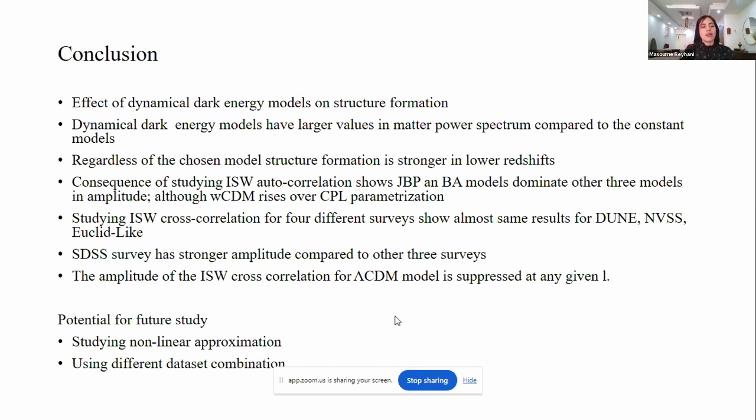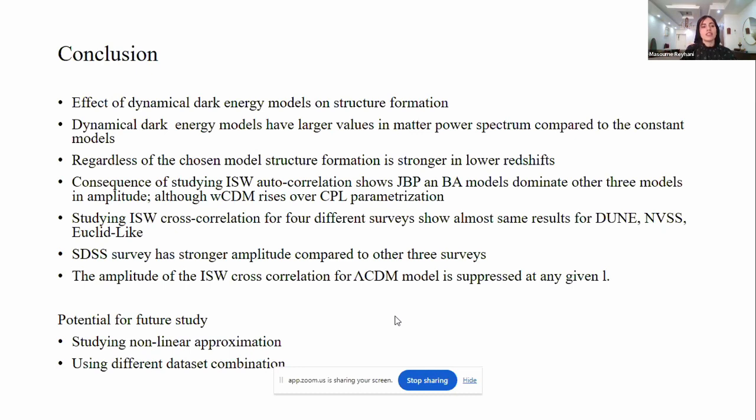By studying the ISW via the ISW auto power spectrum and the ISW cross power spectrum, we could see that in the ISW auto power spectrum, the JBP and BA models dominate over the other cases, but the wCDM model is upper in value compared to CPL.